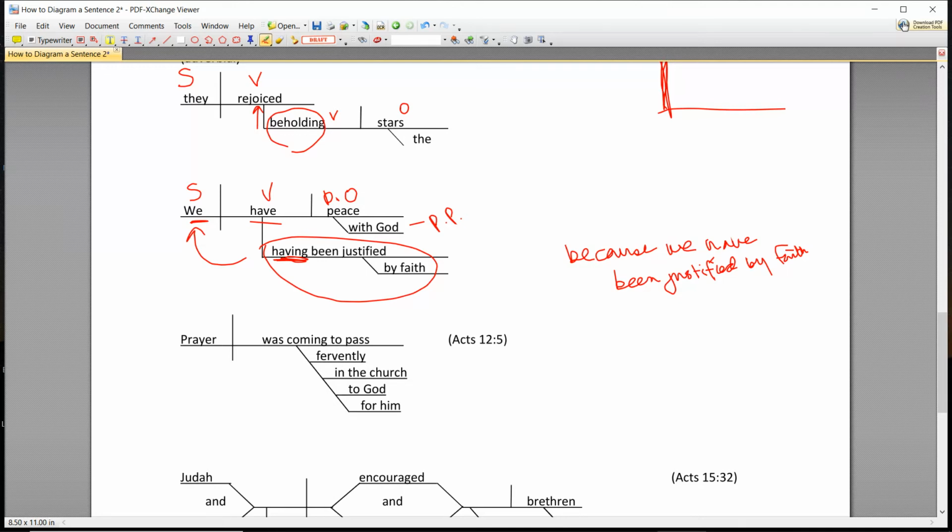I think we can say this is adverbial, kind of modifying the verb. We have peace, but how? Because we have been justified by faith, right? So this is fine. This is another prepositional phrase, right? Okay.